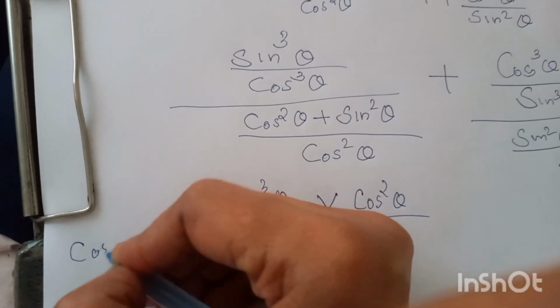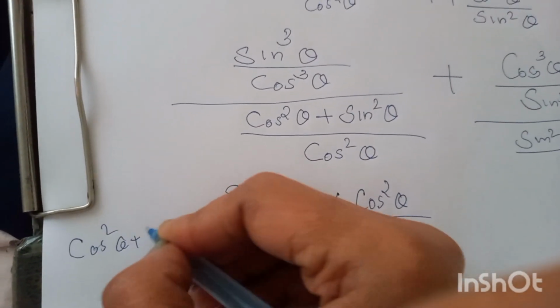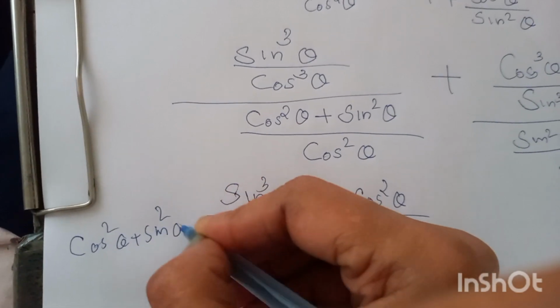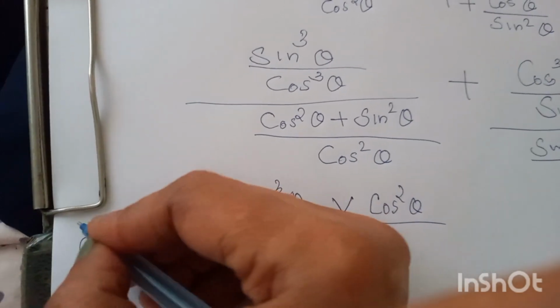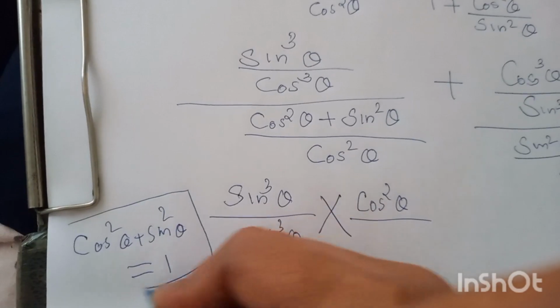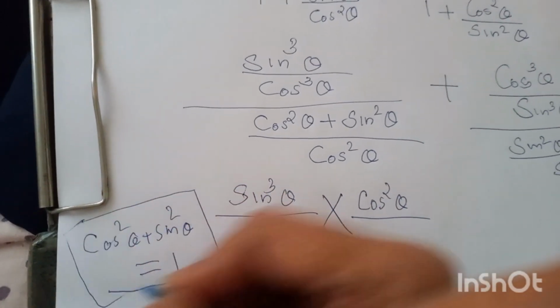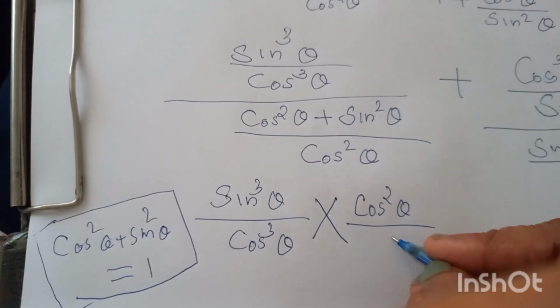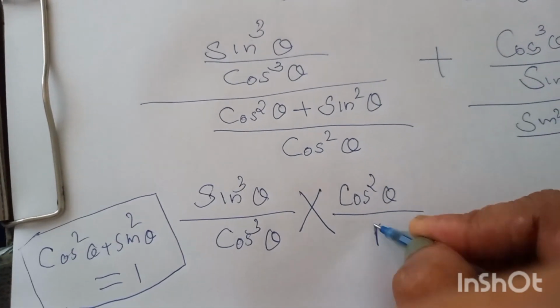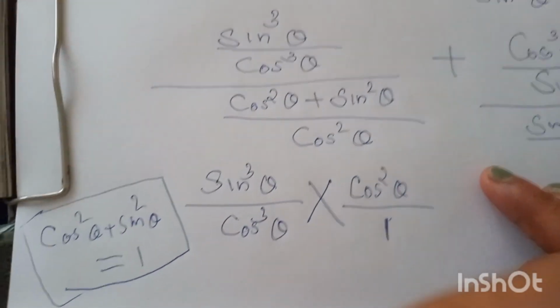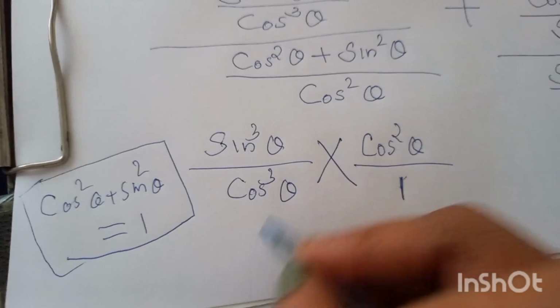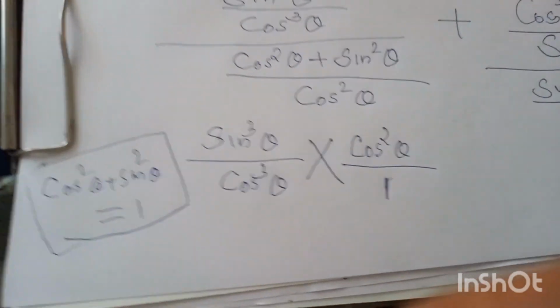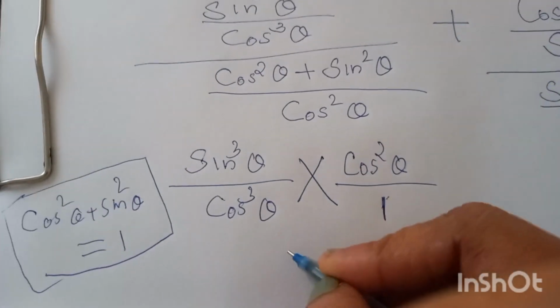Cos square theta plus sine square theta is equal to 1. We already studied this one. Sine square theta plus cos square theta is equal to 1. So we get 1. Then after simplifying this, what will you get?